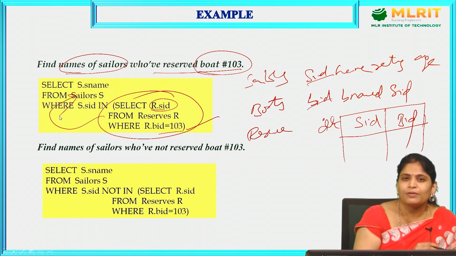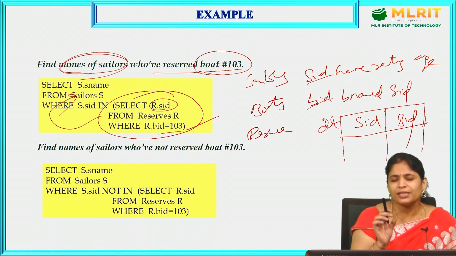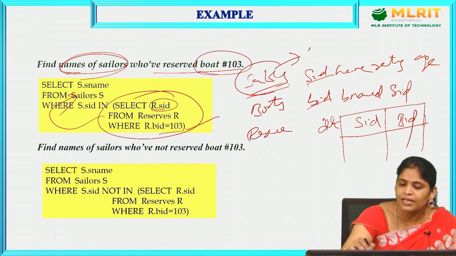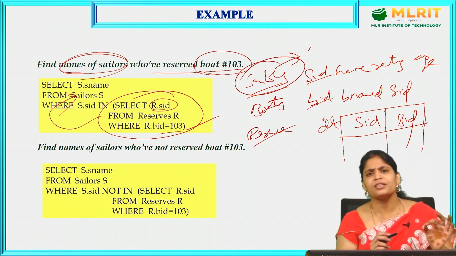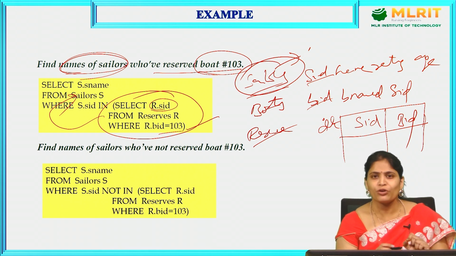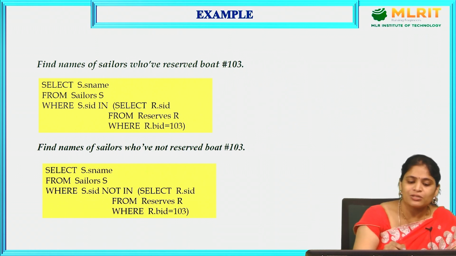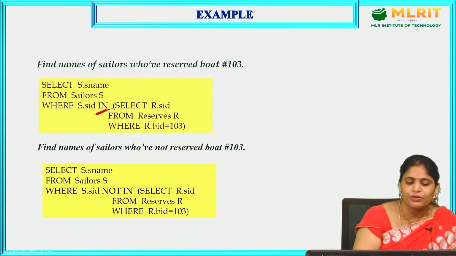Because I want the names of sailors, and the sailor names are only in the sailors table, not in the boats and reserves tables. In boats and reserves we have only SIDs but not S name. So for that reason we have to visit the sailors table here. This is the nested query, represented by using the in operator.